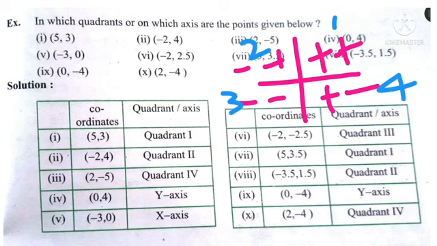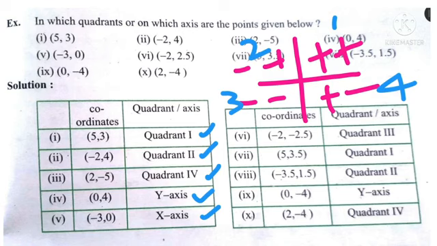So now you see that first is 5, 3, plus plus means first quadrant. Minus 2, 4, negative positive means second quadrant. 2, minus 5 means fourth quadrant. 0, 4, one coordinate is 0, the x coordinate is 0, so it lies on the y axis. Minus 3, 0 is on the x axis.